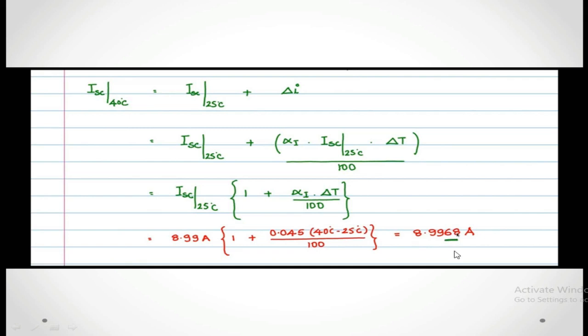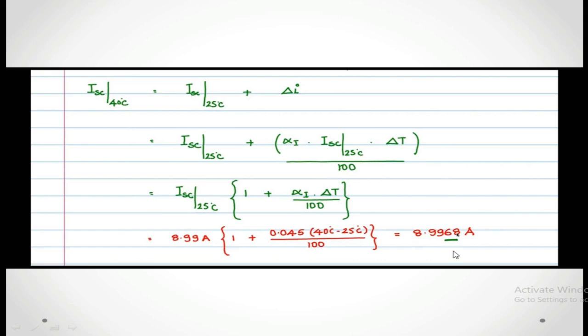That means 0.0068 amount of current has been added to our short circuit current at 25 degrees centigrade. That means increase in temperature is increasing our short circuit current. For a 15 degrees increment from 25 to 40 degrees centigrade, the current increase is 0.0068, that is delta I. So this is regarding current increment.